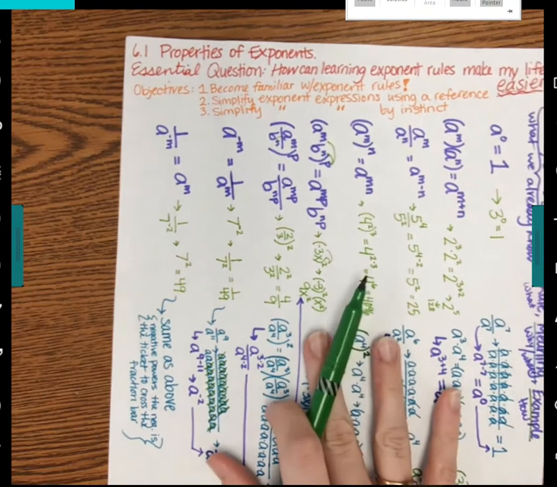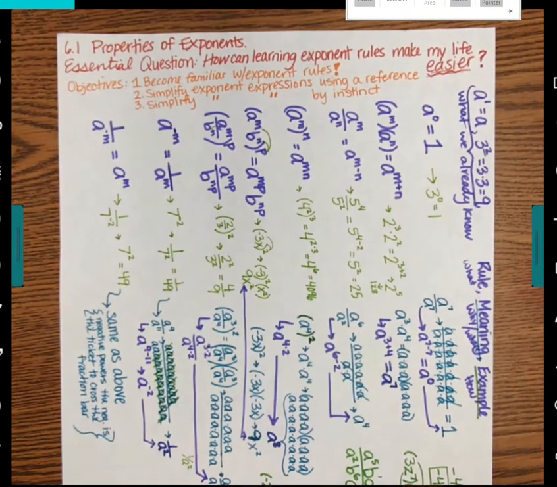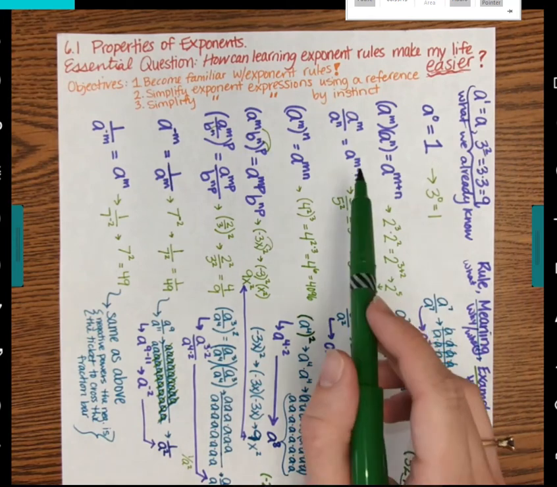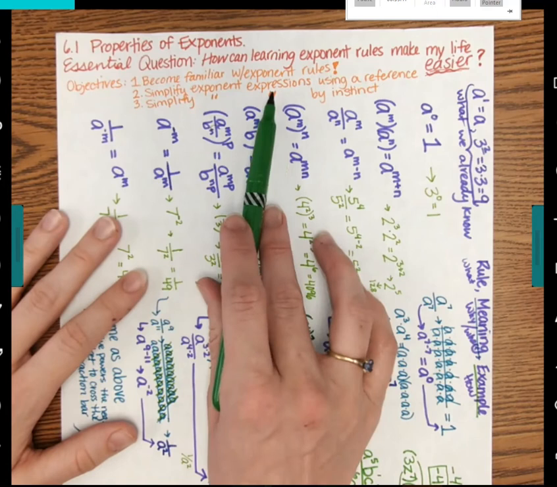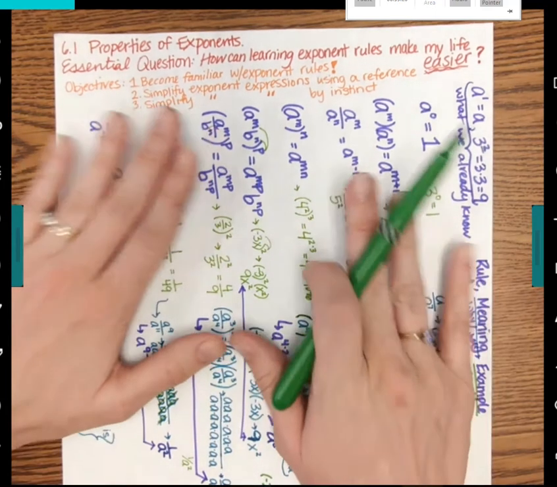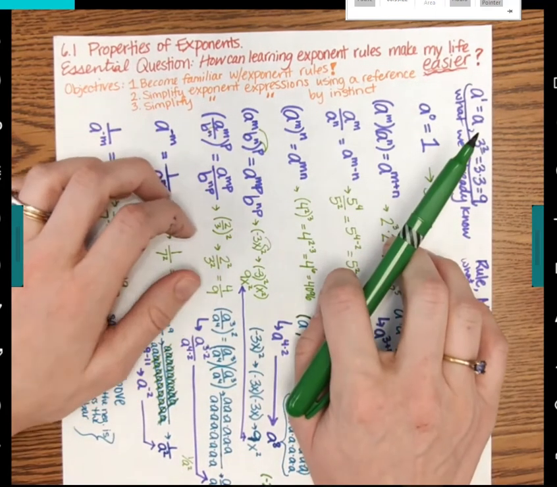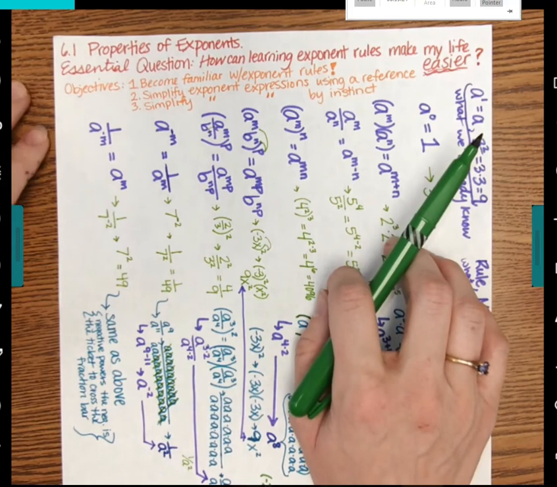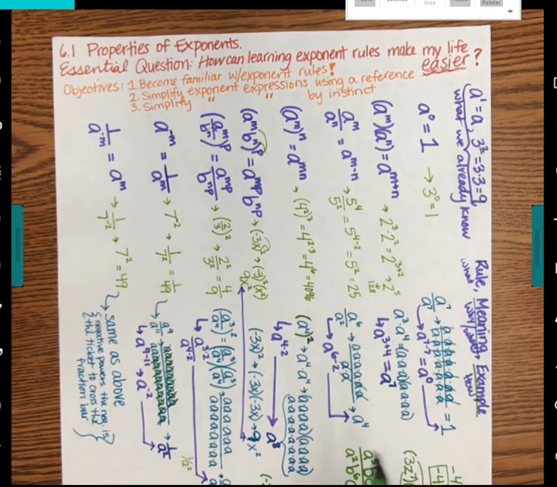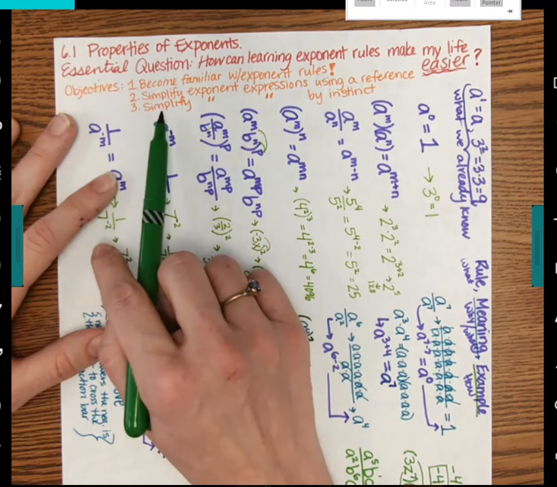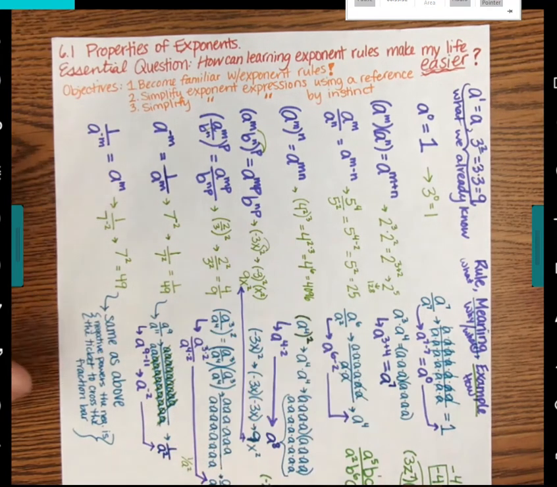Hopefully we're becoming more familiar. Hopefully you've been pausing and looking at the rules as we work the problems. Now we need to simplify the exponent rules using the reference, so can you do it with your notes? Those things must be done now. And hopefully, well, done after you do your practice, rather. Hopefully we get to the point where we can simplify these exponent expressions by our instincts.